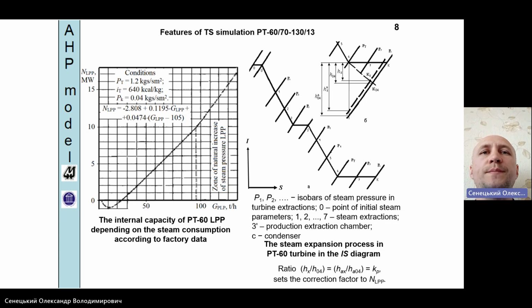The processes of steam expansion in the flow path of the PT60 turbine in the hs diagram with the RCD closed is shown by the solid line on the figure. When AHP is integrated, in many cases at the pressure in the condenser, the steam flow to the condenser increases and the heat drop is used in the low pressure part.